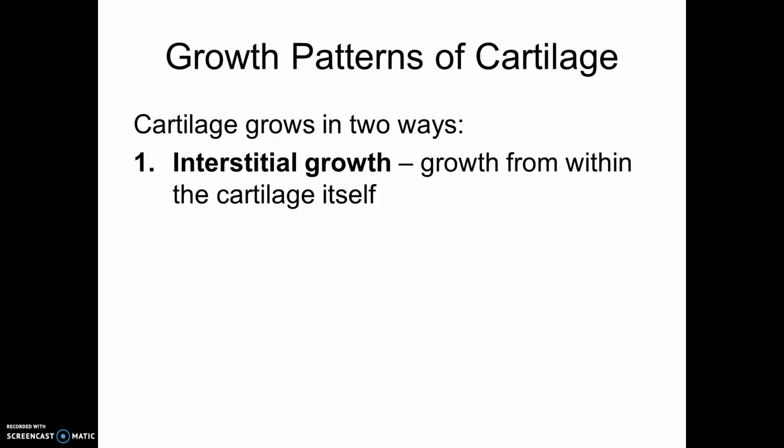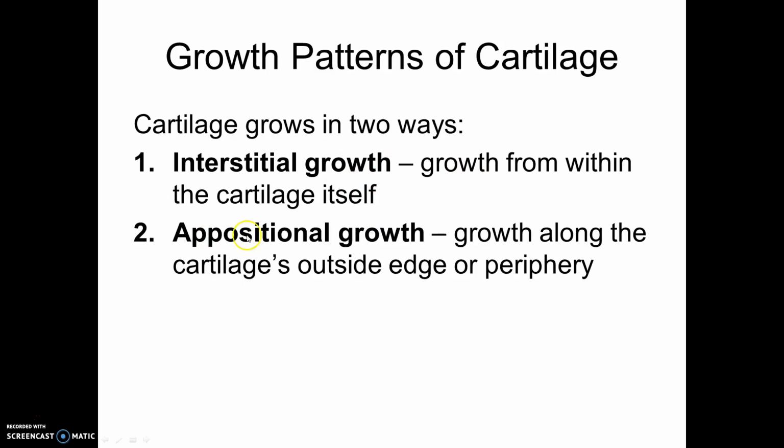The appositional growth is the second manner of growth, which also occurs during fetal development. But once the cartilage is mature, interstitial growth stops, and the only growth that continues is appositional growth for repair of injury.